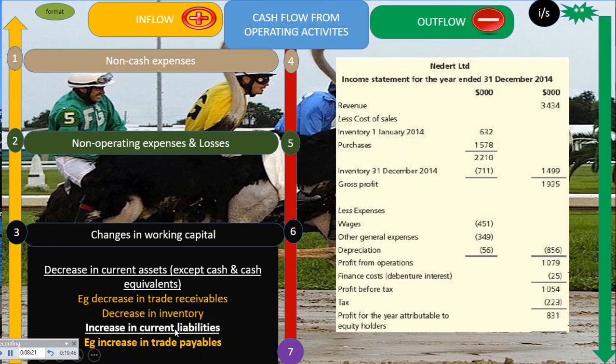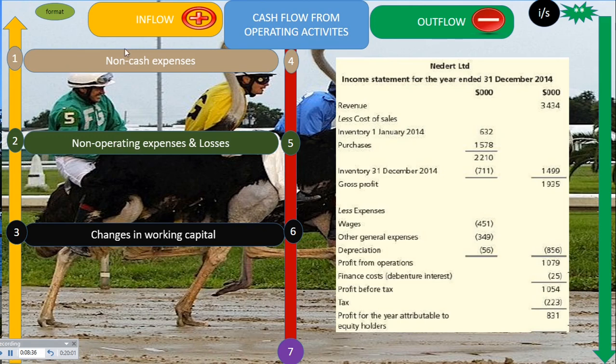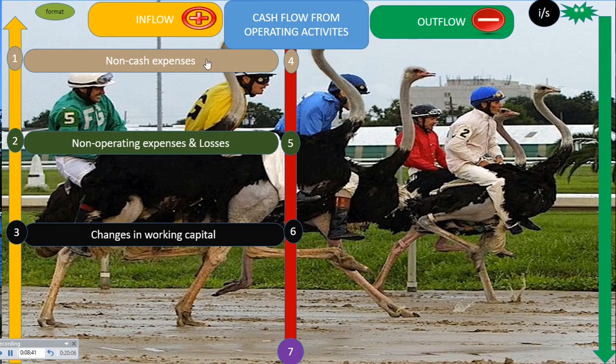And in the case of current liabilities, this is reverse. Think reverse. An increase in current liabilities, you need to show as inflow. So an increase in trade payables is your inflow. Now once we understand these three headings for inflow, the outflow will just be the reverse.